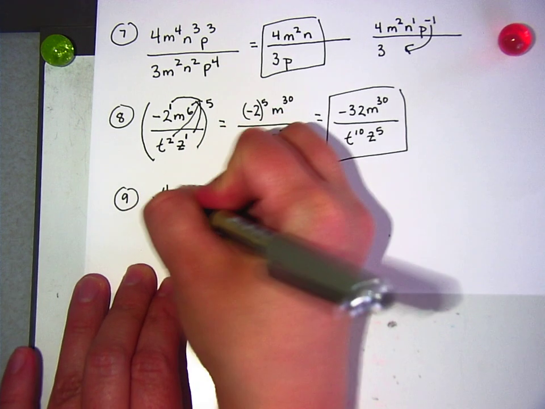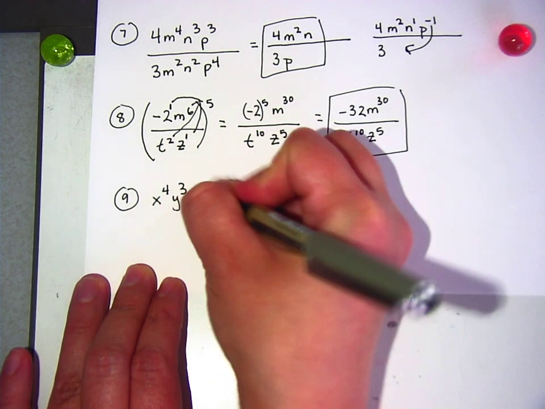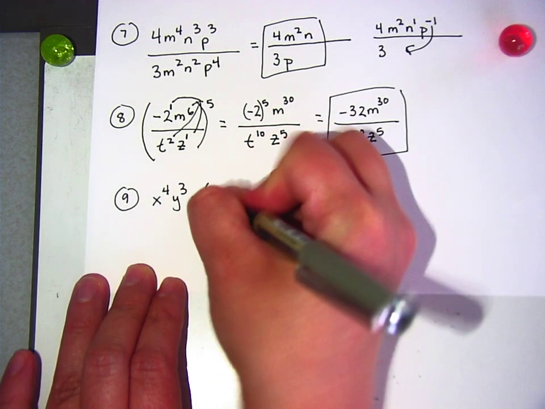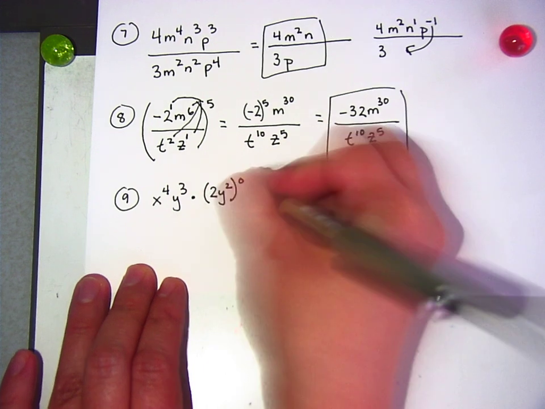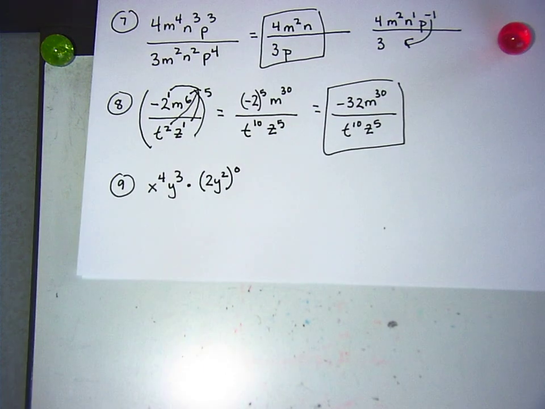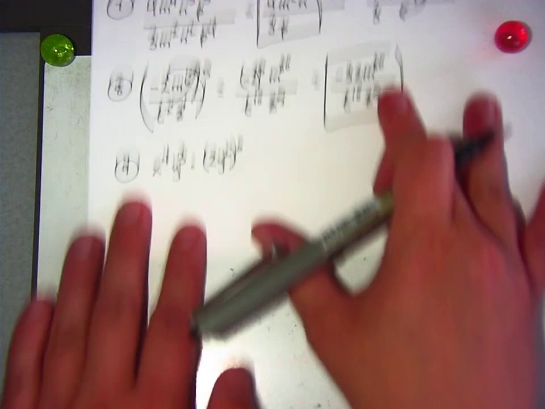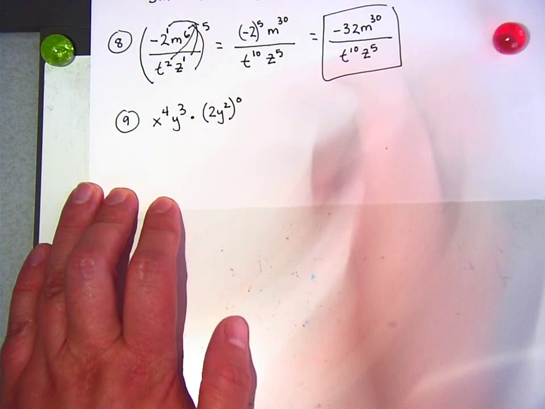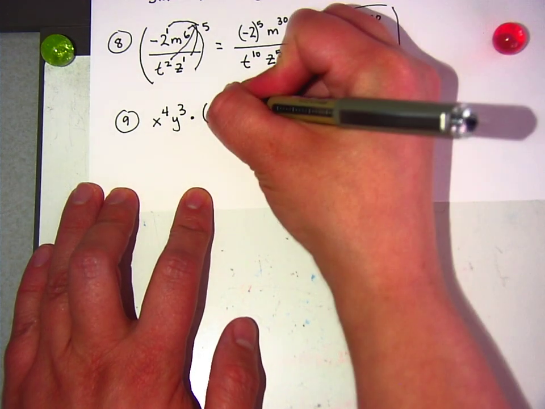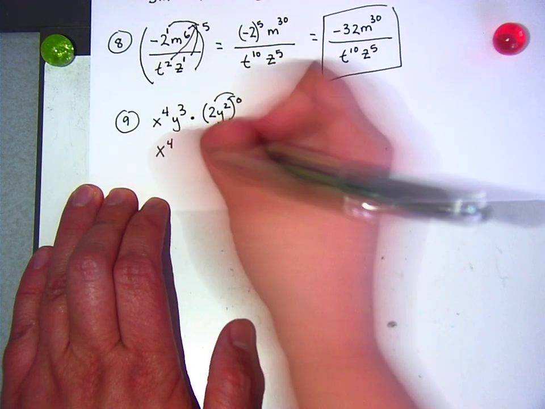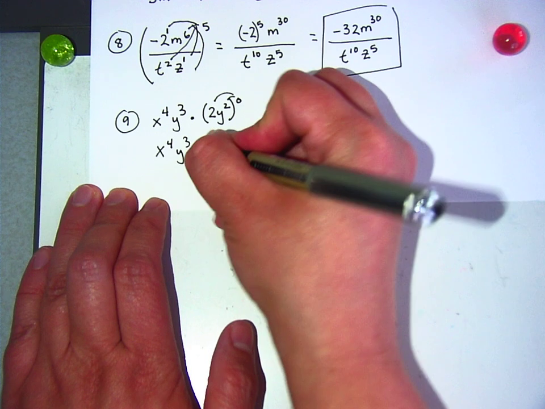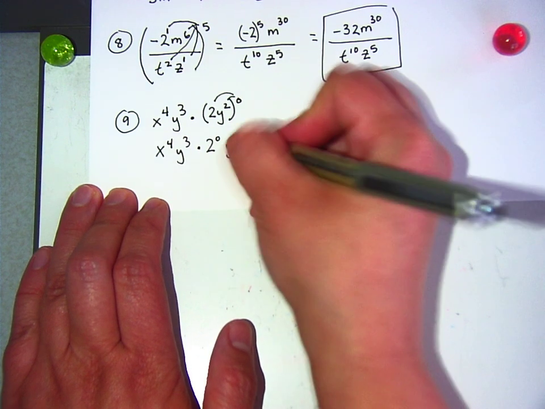X to the fourth, y to the third times, parentheses, negative y squared, parentheses to the 0. What should we do first? I'm distributing that 0 power. That's x to the fourth, y to the third times 2 to the 0 power and y to the 0 power.